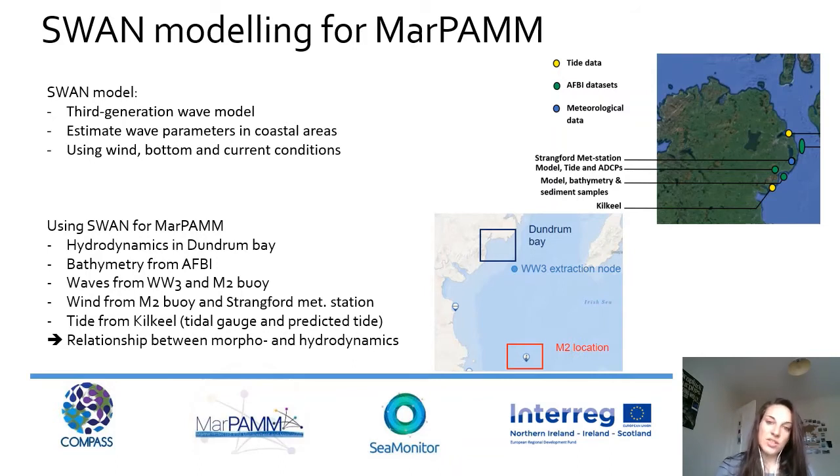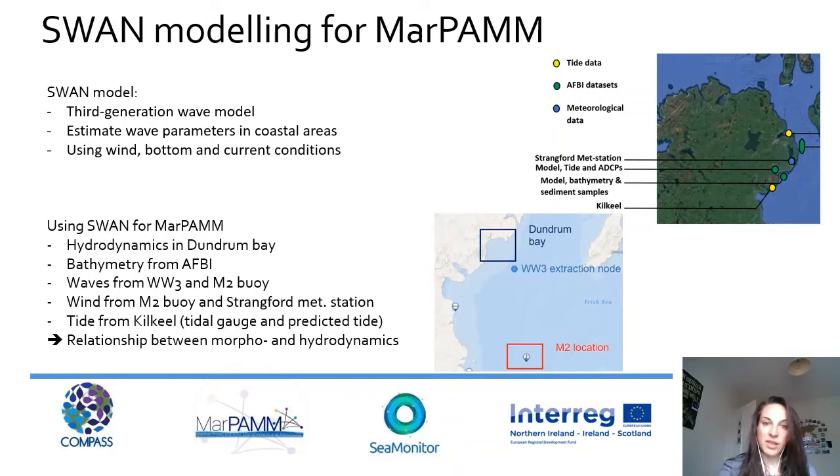We are using nearshore bathymetry that has been done by AFB, waves that have been extracted from the model WaveWatch 3, but also the waves recorded by the buoy M2. We are also using the wind condition and the meteorological conditions from Strangford Station and the M2 buoy.